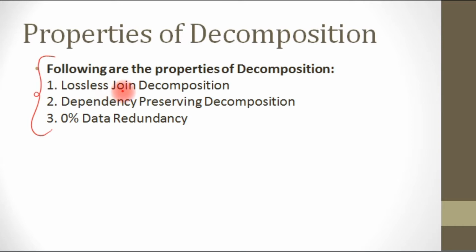First is lossless join decomposition, second is dependency preserving decomposition, and third is 0% data redundancy. It means after decomposing we have to check whether it allows us to get the original relation or not, and it allows us to check integrity constraints efficiently.